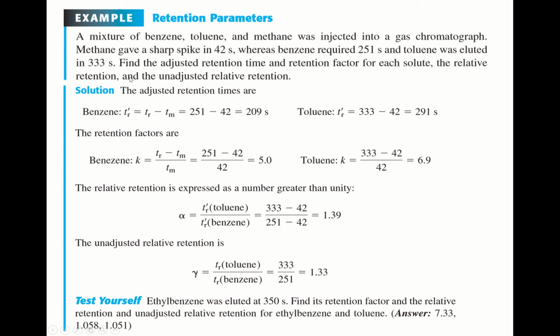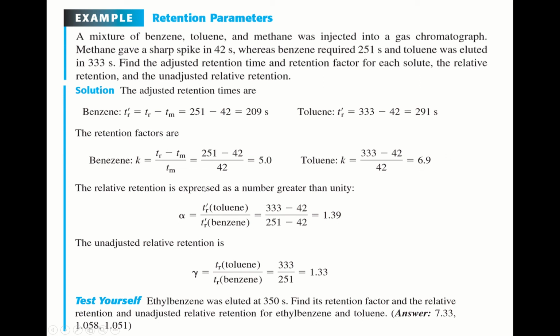So 251 minus 42, divided by 42, gives you 5.0. By the same method you get the k value for toluene, which is 6.9.